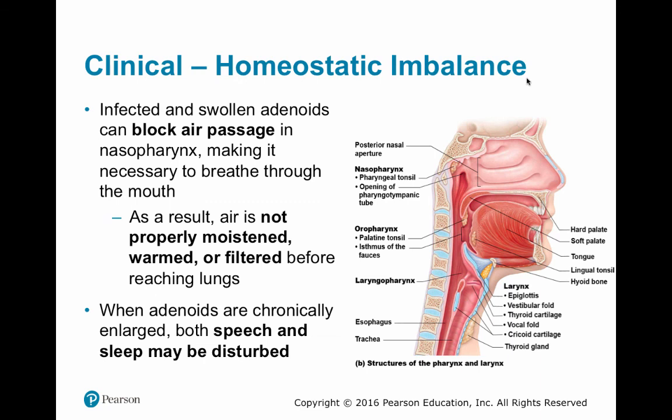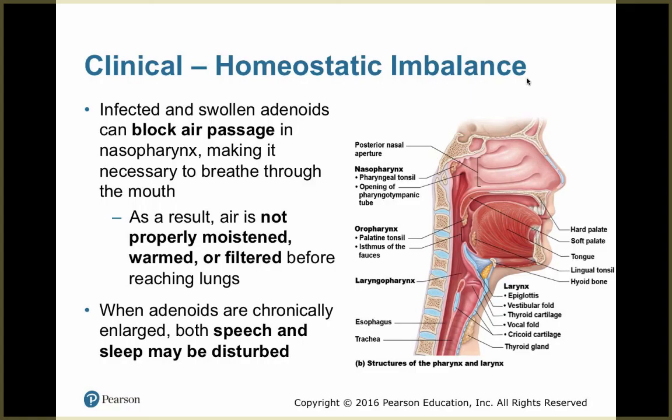Here you can get a little bit better idea. I just wrote it all down, but let's take a look at this. You have the top part, the nasopharynx, and you'll see the pharyngeal tonsils or adenoids right here, and this is the opening of the tubes that help with draining the ear and stabilizing the ear.